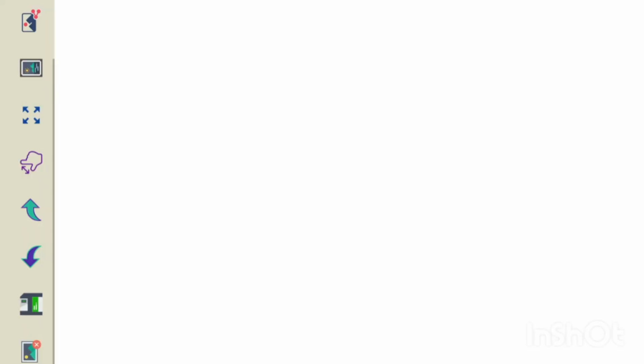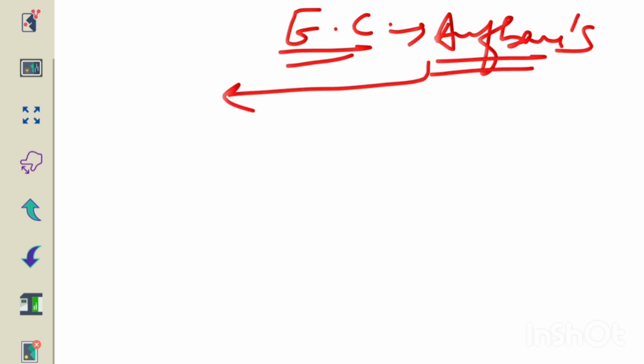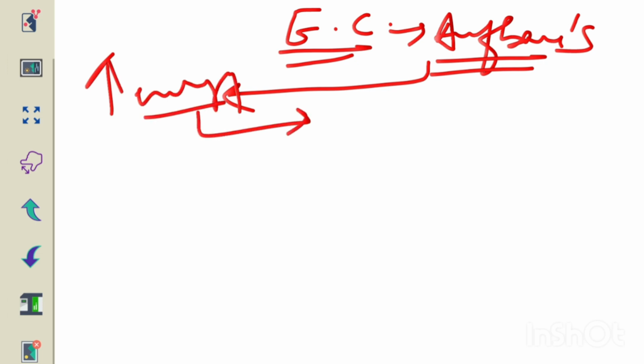Okay, so now let's start writing the electronic configuration. As I already told you, it follows the Aufbau principle. And what is the Aufbau principle? The orbitals are arranged in increasing order of their energy, which depends upon the principal quantum number n, and upon l, that is the azimuthal quantum number.